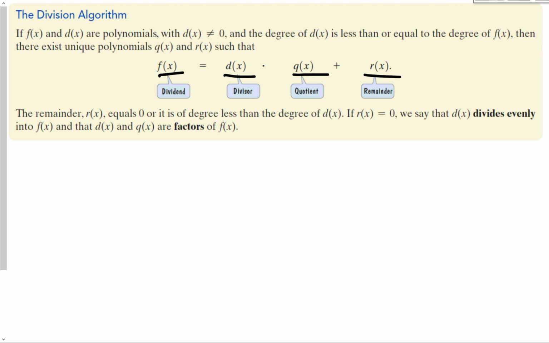function of x. If the remainder is 0, or if the degree is less than the degree of d of x, then we can say it divides evenly into f of x, and that d and q, this and this, are factors of that. Okay?